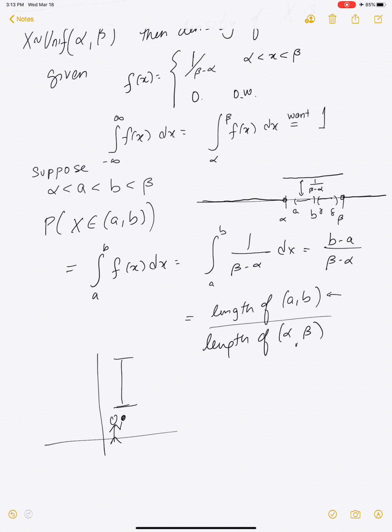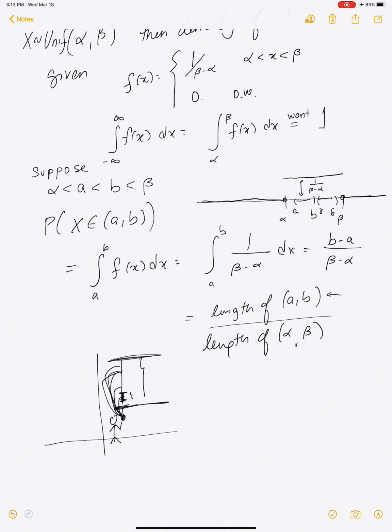Or maybe there's a goal of being in there, but you're just bad, you just throw it and it lands anywhere. If you ask what's the probability it's in that interval, it would just be the length of that interval over the entire length, assuming you always throw it within the boundary that it needs to be. All right.